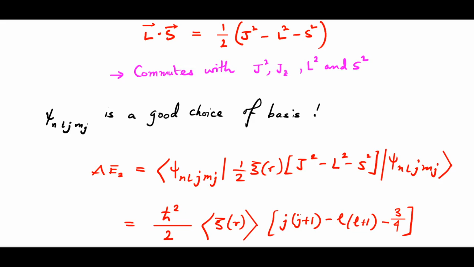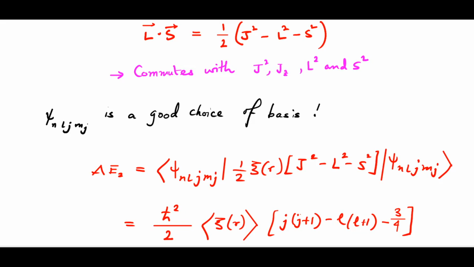So what you need to do is take the expectation value of xi r in this state, but the rest of the thing, which depends not on the radial wave function but only on the spin and orbital angular momentum part of the wave function, is easy to evaluate, since the state here is an eigenstate of J square, L square and S square.